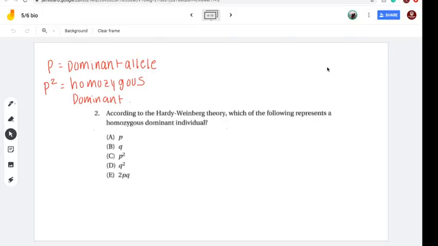The recessive allele is represented by Q. Then Q squared will have to be homozygous recessive.